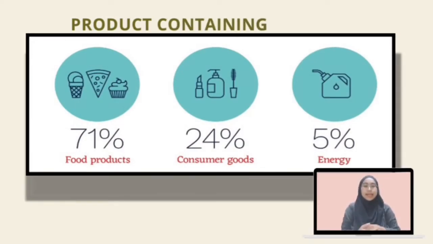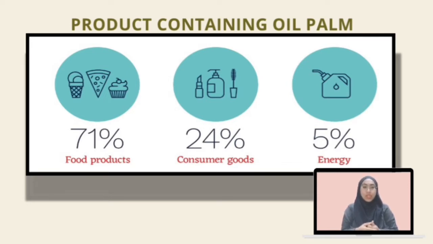Next are products containing oil palm. As we can see, there are three types, which are food products, consumer goods, and also energy. Firstly, food products, for example, ice cream, cookies, quick meals, instant noodles, and so on.